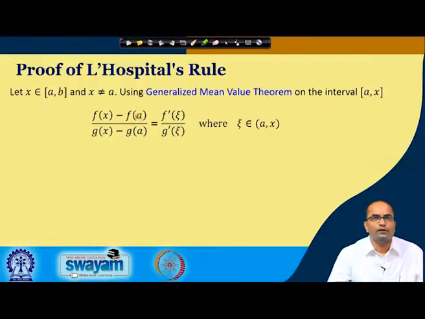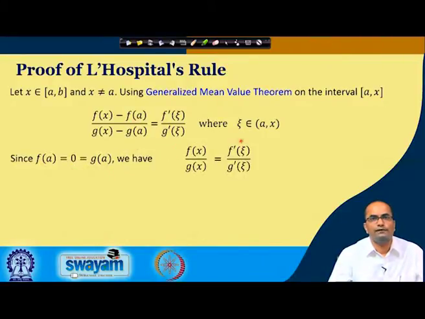Okay, so we know that the value of both the functions f and g at a is 0. So, the left hand side will become f x over g x. So, what we have here is that f x over g x is equal to f prime xi over g prime xi, and xi belongs to the a to x interval.